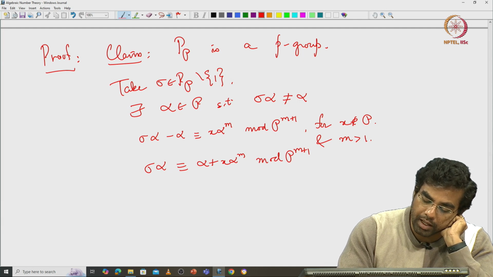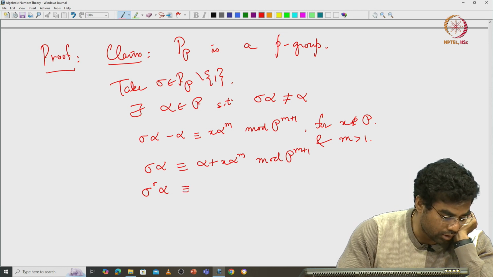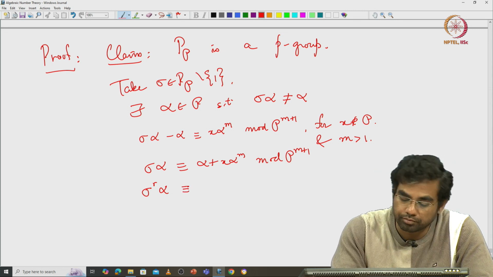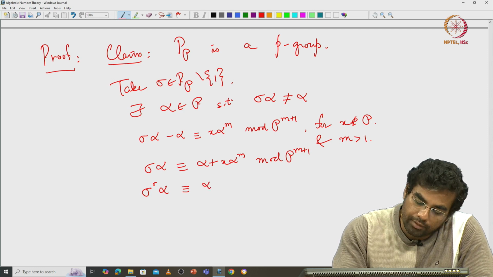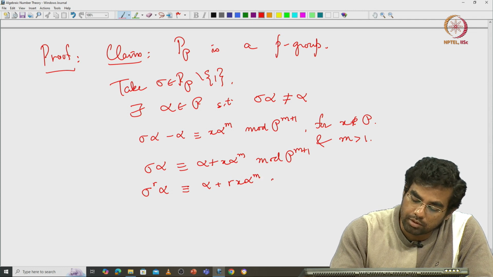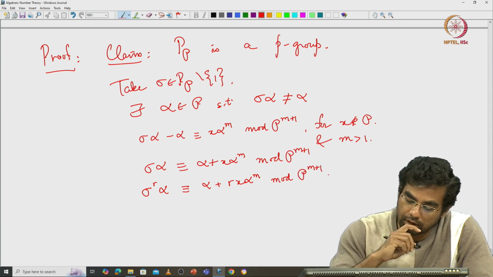If I keep applying this again and again, I get sigma to the r applied to alpha is congruent to alpha plus r x alpha to the m modulo p to the m plus 1.